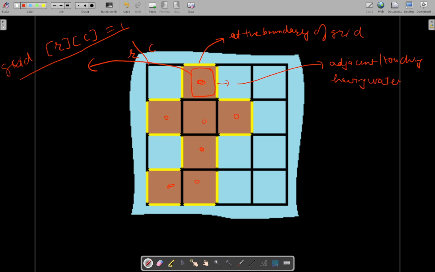Only then it will be counted in your perimeter.